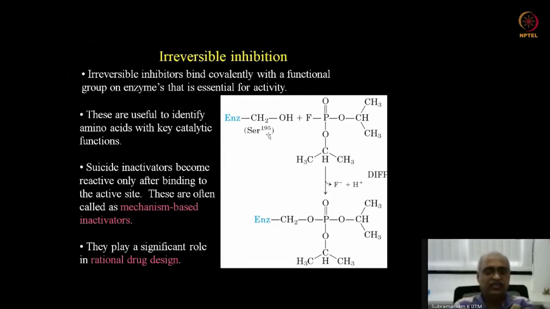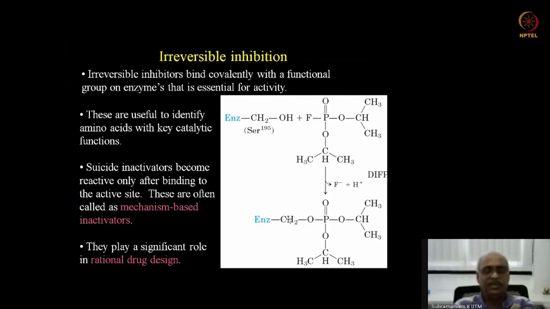This is the 195th amino acid in chymotrypsin, and that is in the active site. So this binds to the active site. This is diisopropyl fluorophosphate, two isopropyl groups. When this molecule binds, it is highly reactive and it covalently binds. And once it binds, this is irreversible and not getting cleaved, and the enzyme is permanently inactivated.